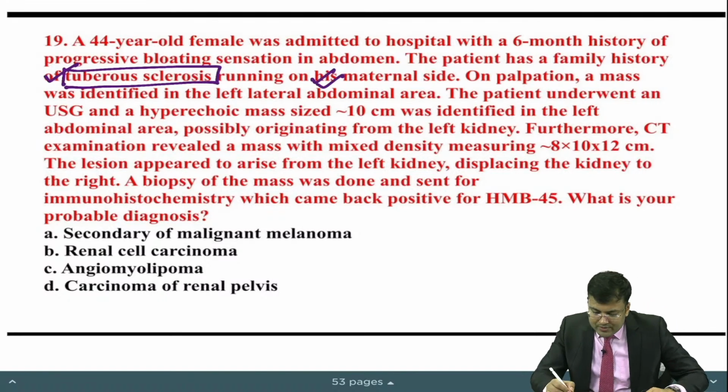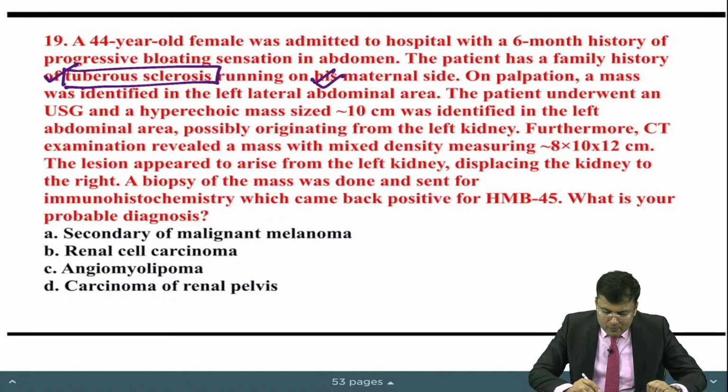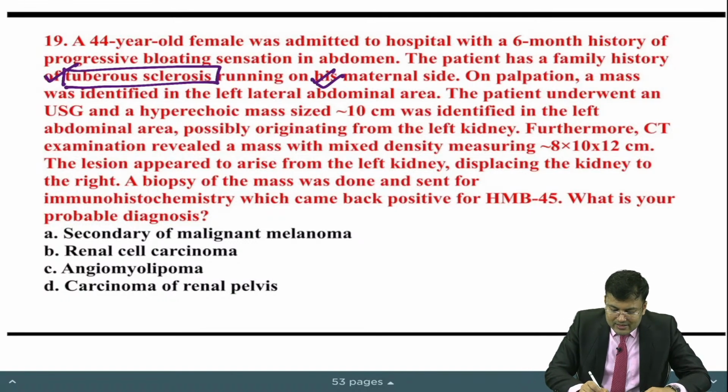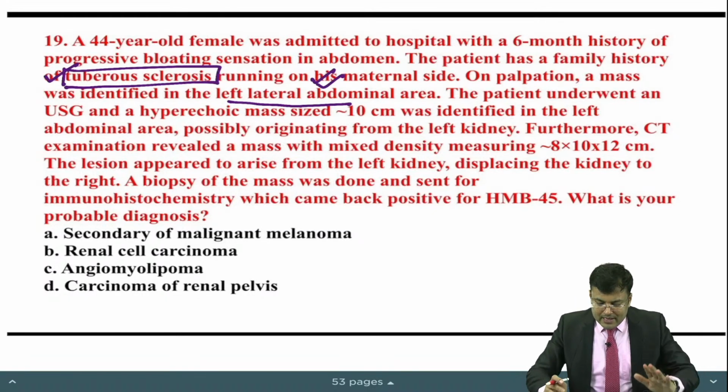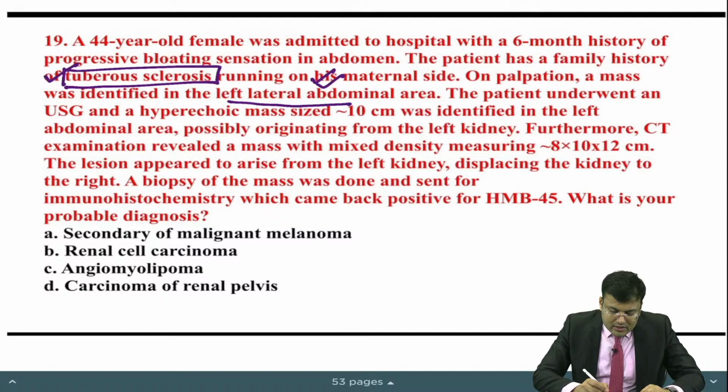On palpation, the mass was identified in left lateral abdominal area. Patient underwent an ultrasound and hyperechoic mass size 10 centimeter was identified in left abdominal area, means left kidney.